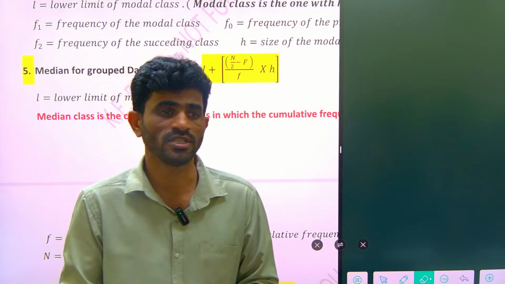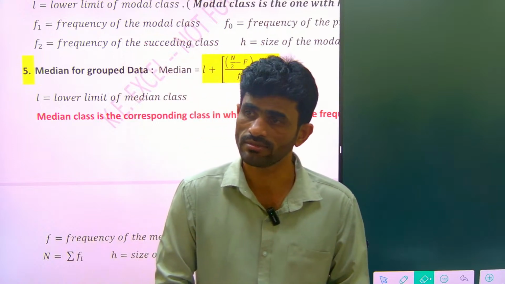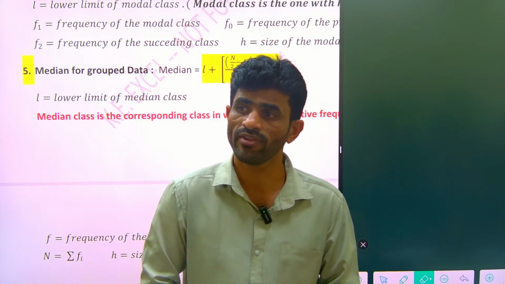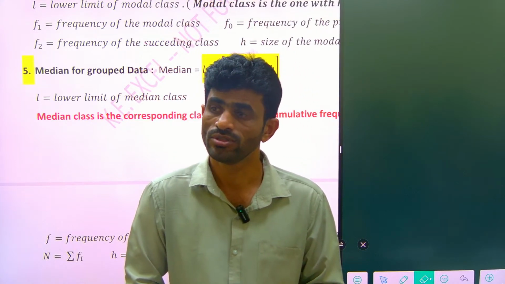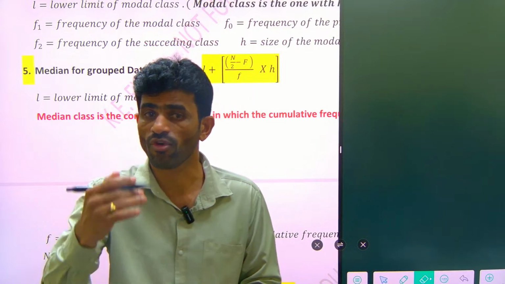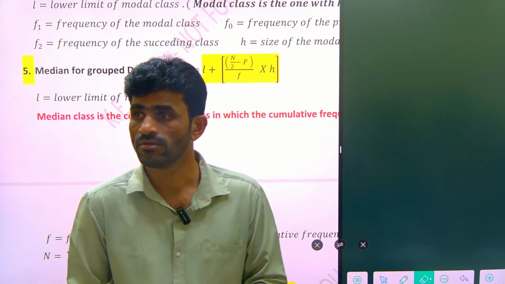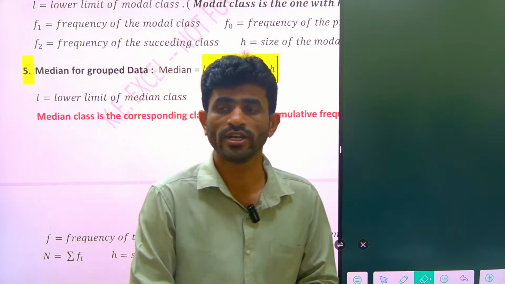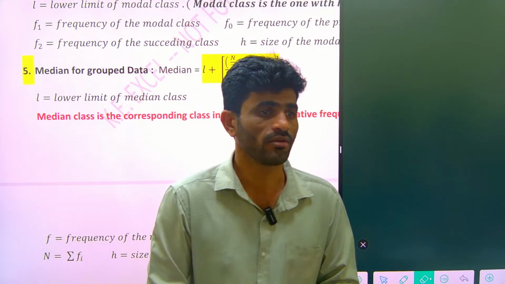No. Suppose in the next one you have 15 observations. 43 plus 15, up to 58. So in that class the 50th observation will be there. It is having 44 to 58, so the 50th observation is present in 40 to 50. So that class will be your median class.